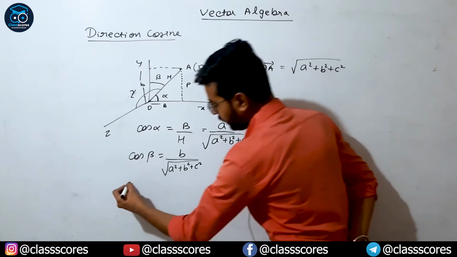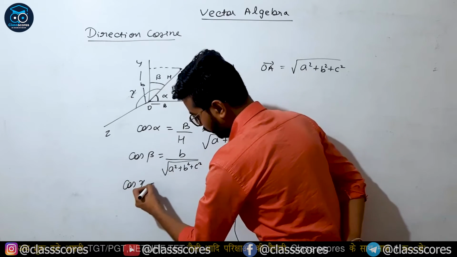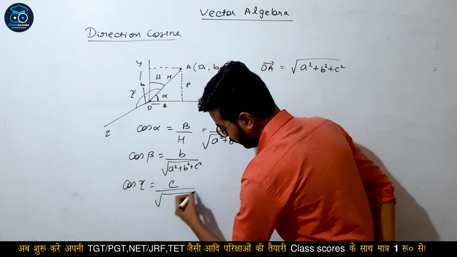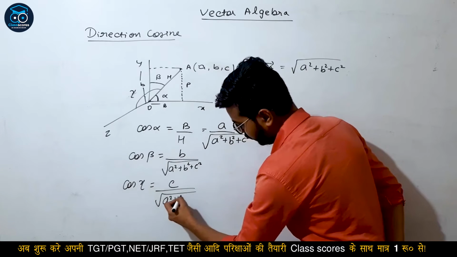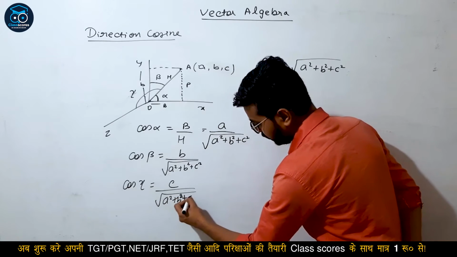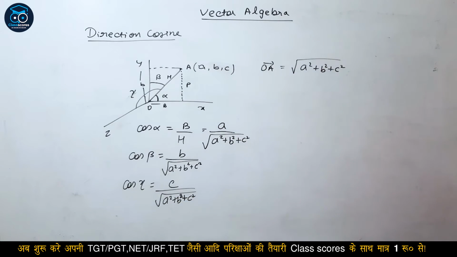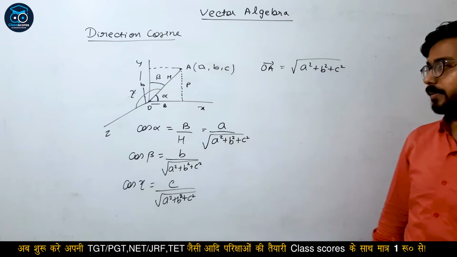In the same way, cos gamma is c upon square root of a square plus b square plus c square. So these are the direction cosines for any given line segment.